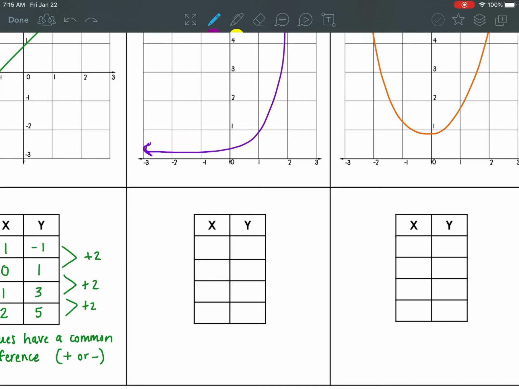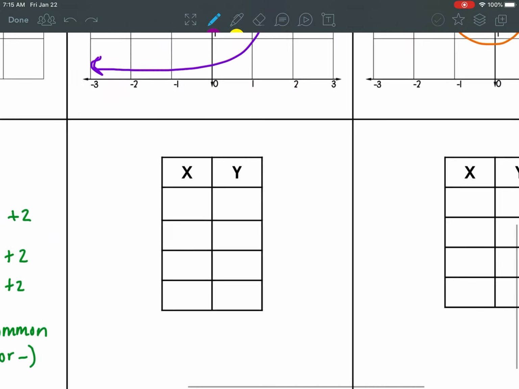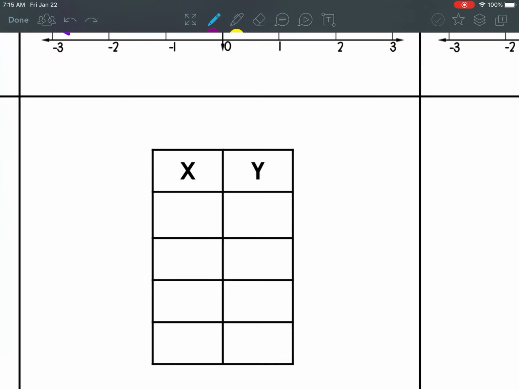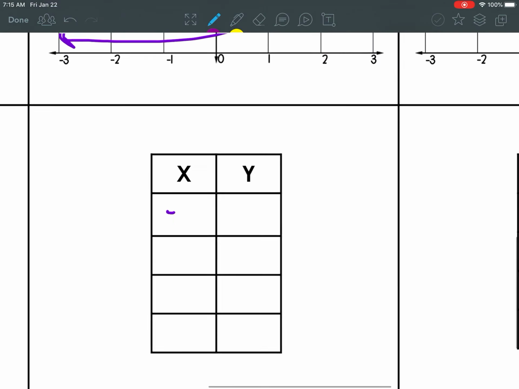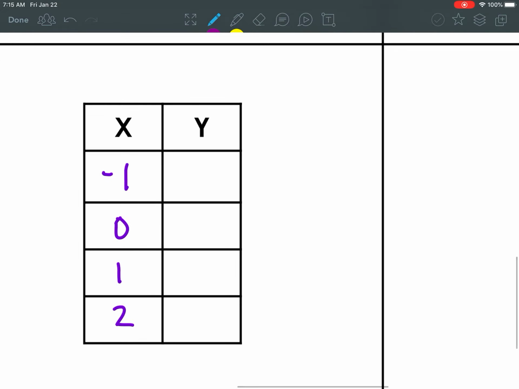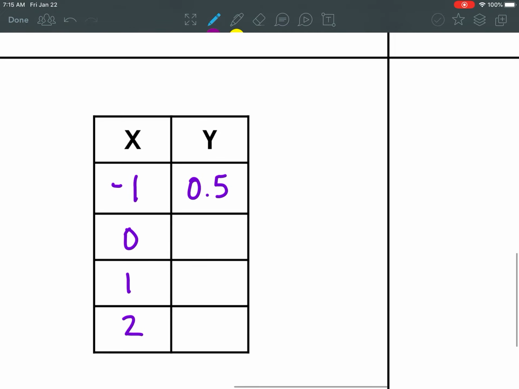Now, next one, exponential. Think about exponents. They are going to increase a lot faster, a lot more rapidly than a linear. So again, I'm going to keep my x values just one apart from each other. The y values, I'm going to increase.